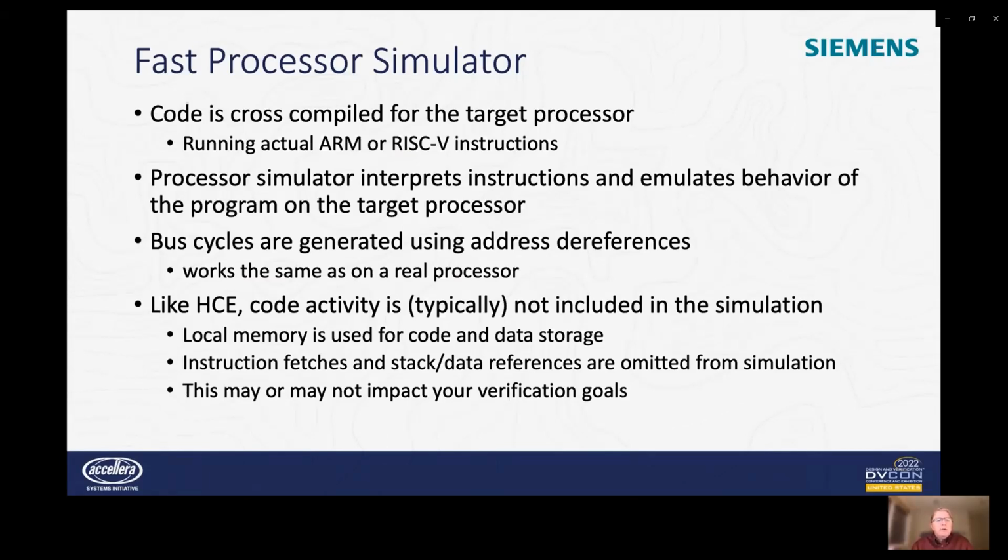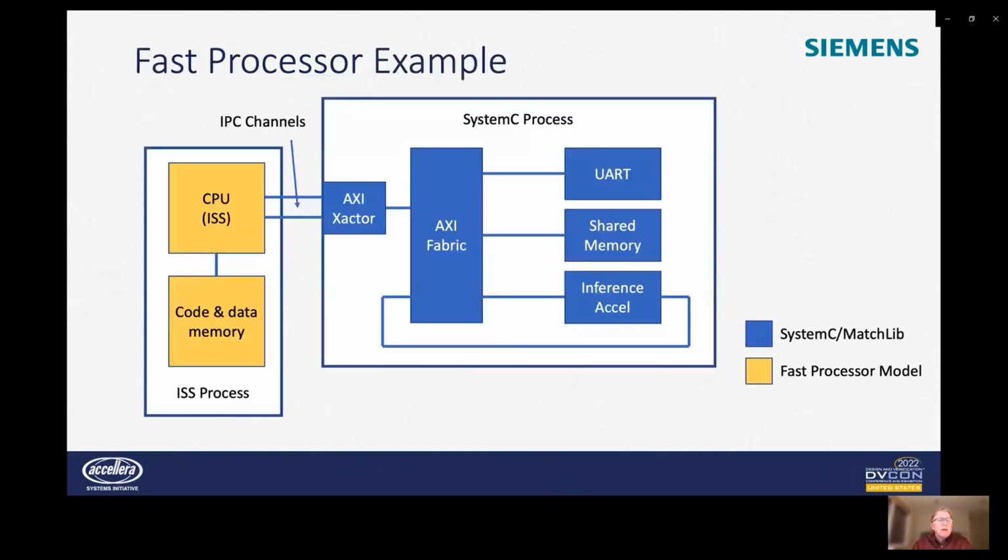Now, like HCE, the code activity here is typically not included in the simulation. So our local memory is effectively virtualized internal to the fast processor model, which means code fetches, stack, and data references will not be seen in the simulation. Again, this may or may not impact your verification goals.